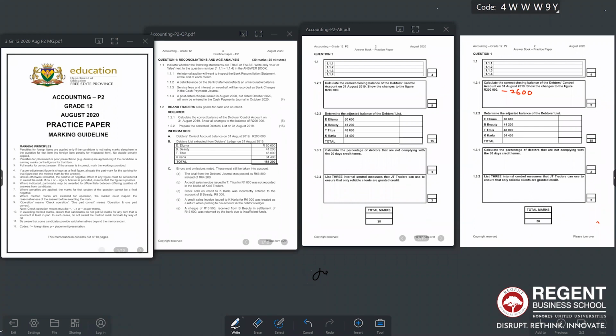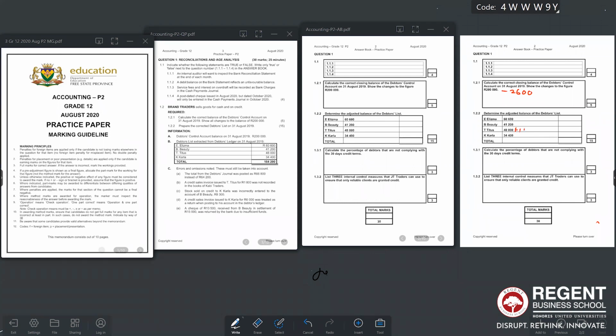The second one, a credit sales invoice issued to Titus for 1,800 was not recorded in the books of Cabby traders. So you never entered it at all. You left it out. I sold goods to Titus for 1,800. Let's go to Titus's account and I'm going to put there plus 1,800.